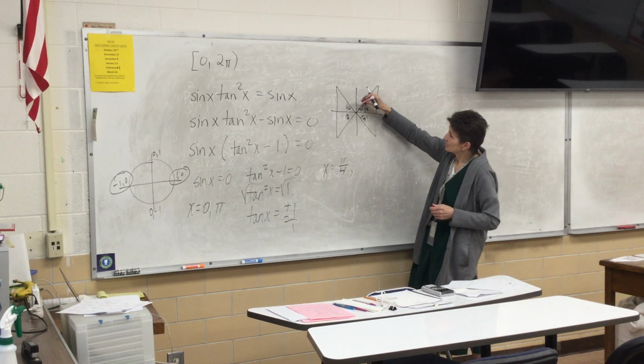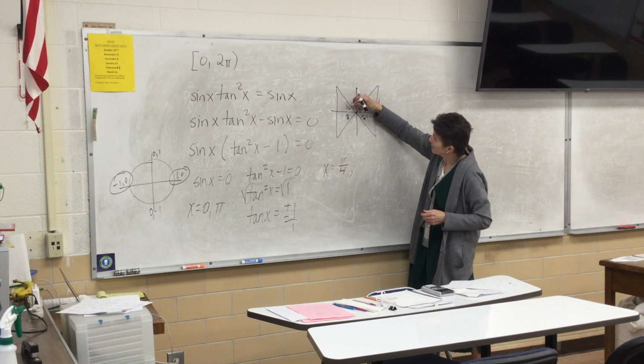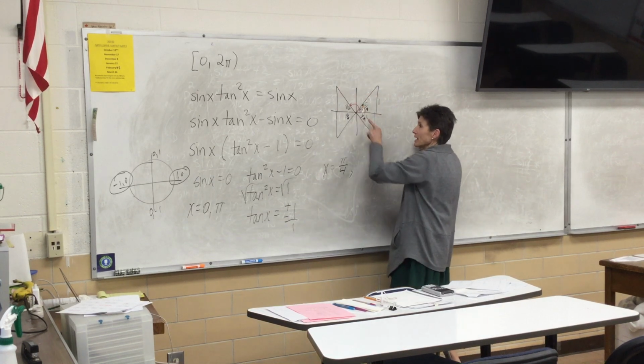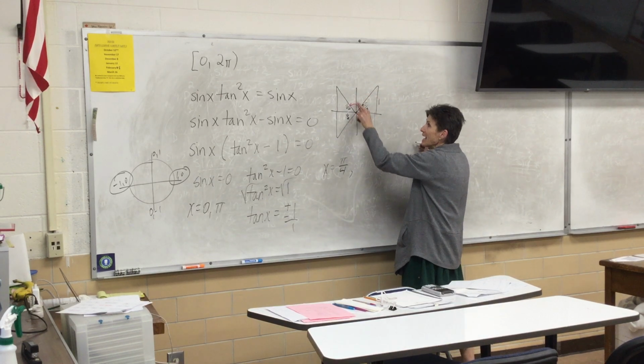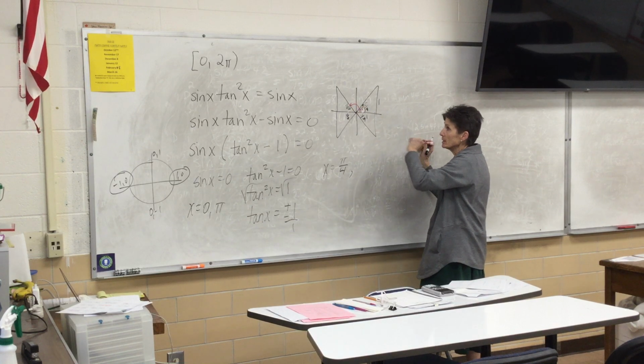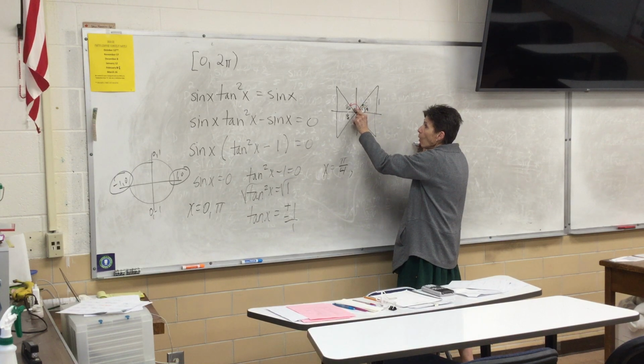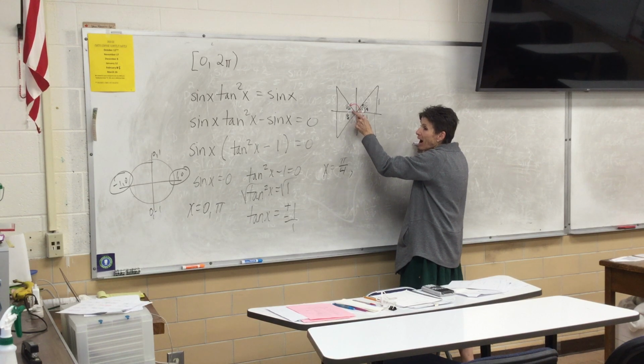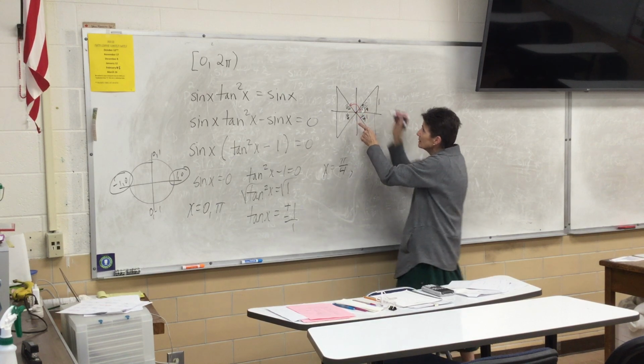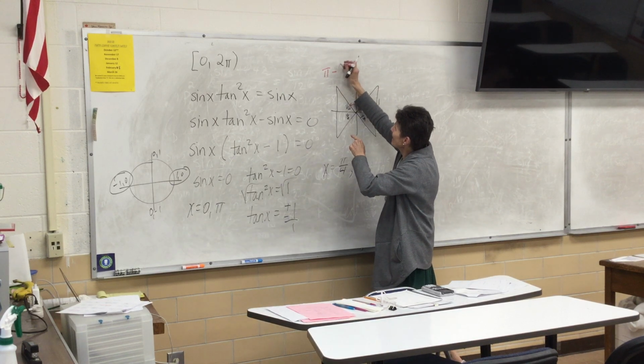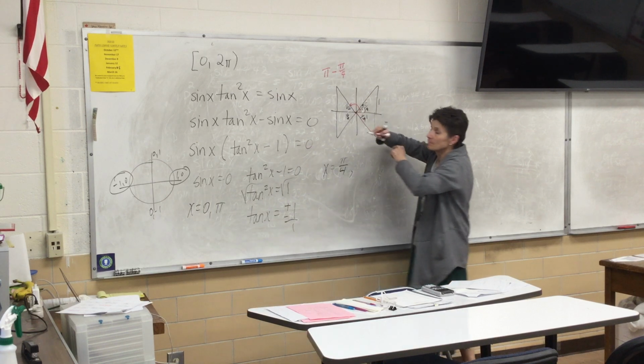My second answer, though, is this one. You come around to your diagonal line there. That's the second one. This whole half circle is pi. So the red angle is pi minus pi over 4.